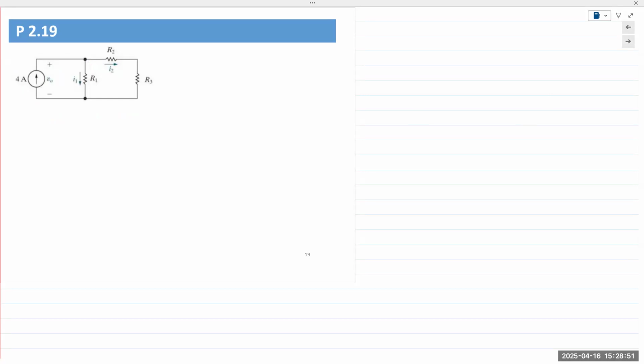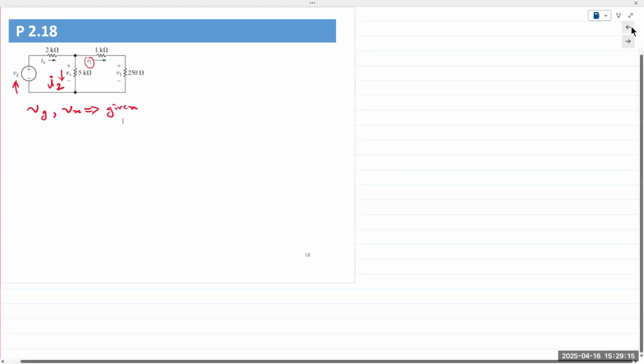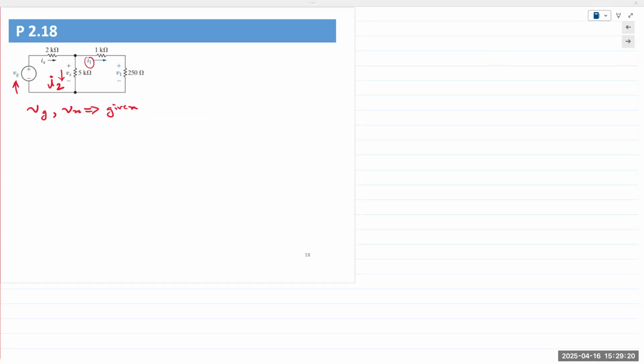Oh, maybe not. Hold on. Where is I1, I2? Vx is 3.5. Okay. So I believe Vg and Vx are given, and we are required to find the other values.